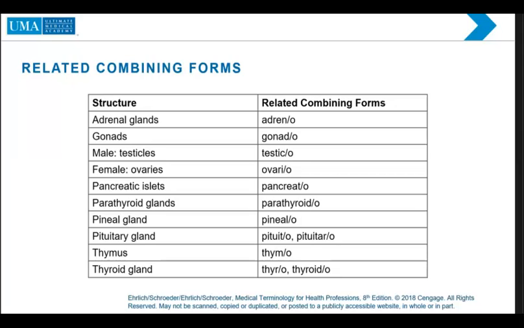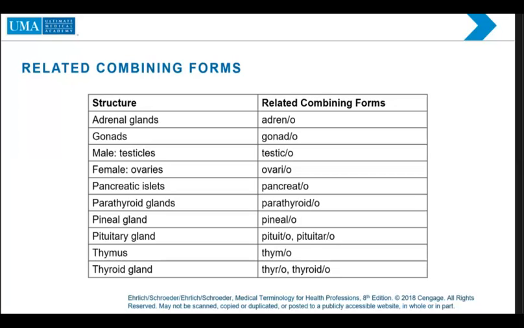So let's take a look at some combining forms for the endocrine system. You'll see in the first column, those are structures or organs of the endocrine system. And then beside that, you'll see the combining forms. For adrenal, you see adreno; gonads; for the male testicles, it's testicle, and the ovaries, ovary.